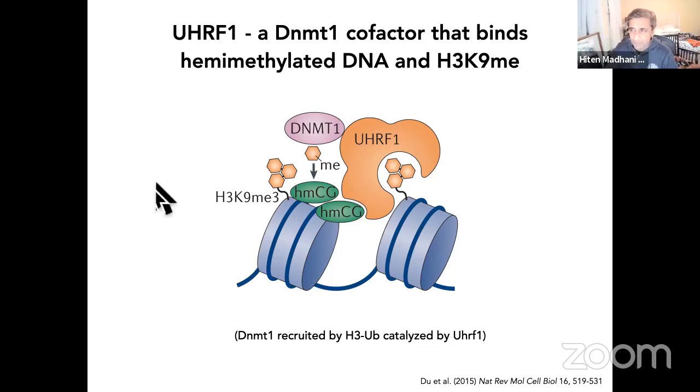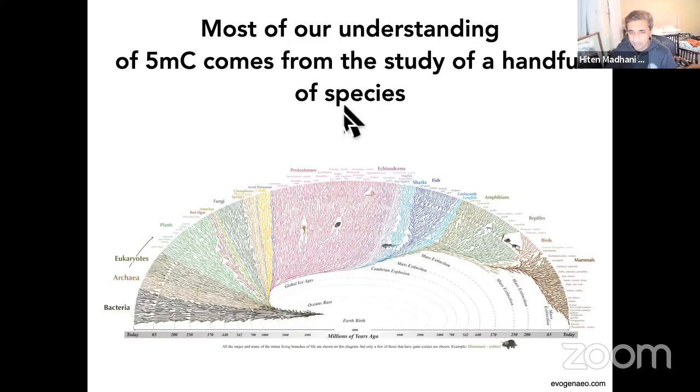So most of our understanding of this process of cytosine DNA methylation comes from studies of just a handful of species. And this is mammals, as I described to you earlier. Much work has been done in plants, particularly Arabidopsis, which has a fascinating DNA methylation system that's driven by RNAi.